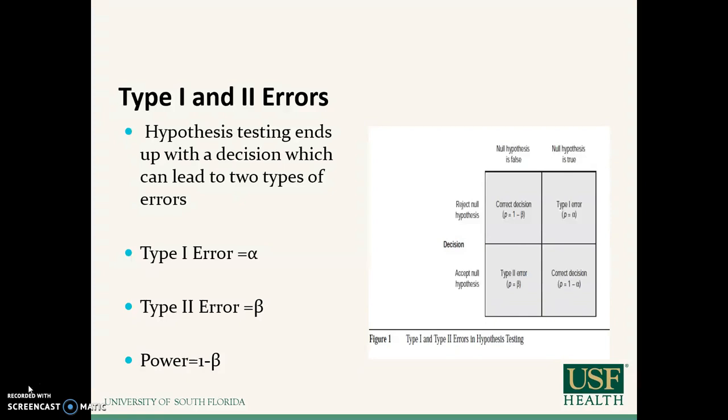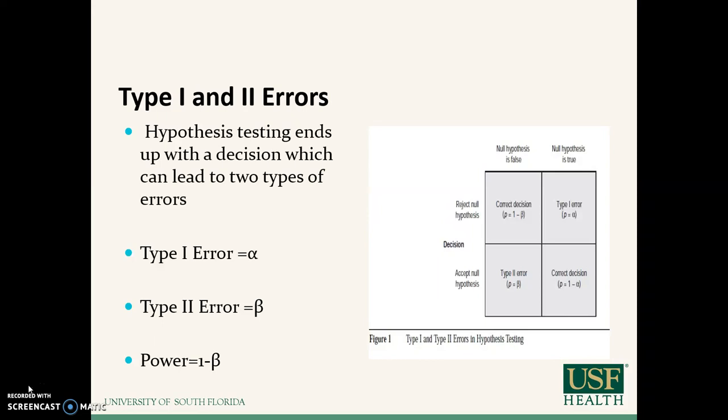On the right-hand side, you can see a 2x2 table: given the true status of the null hypothesis and the alternative hypothesis, and then the action for the decision, reject the null or accept the null. So in two occasions, you make mistakes.